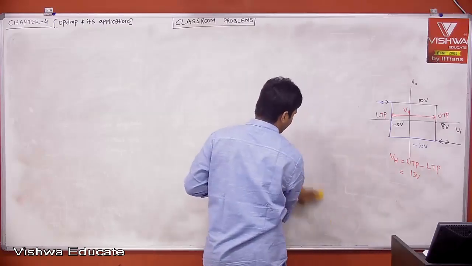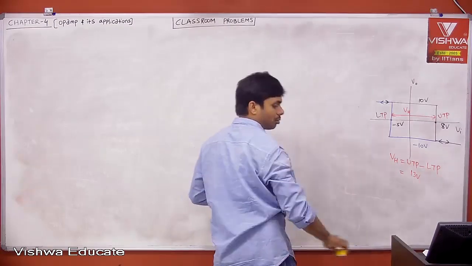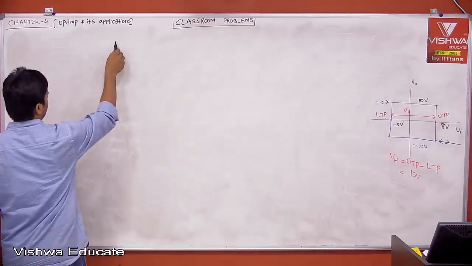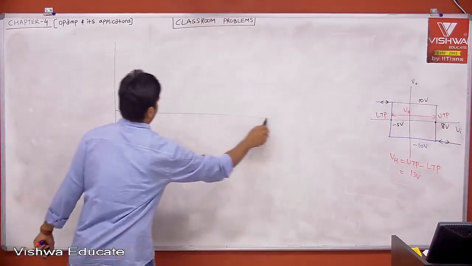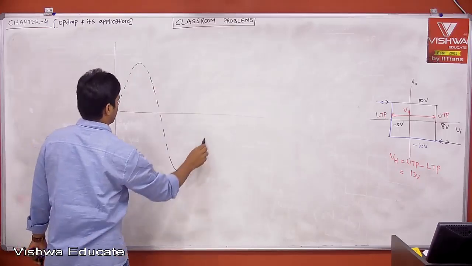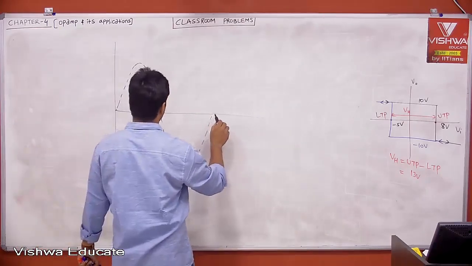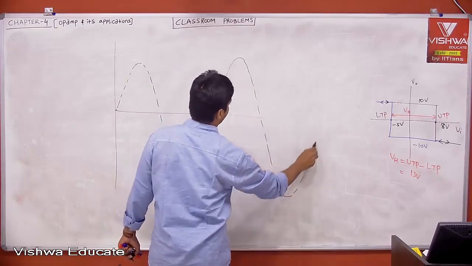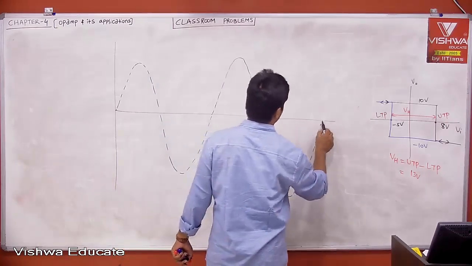Now just the transfer curve is enough to get the output for any input. Let us say this is the input given. Maybe if you want I can take one more cycle, but we can stop with 1 cycle. That is enough.